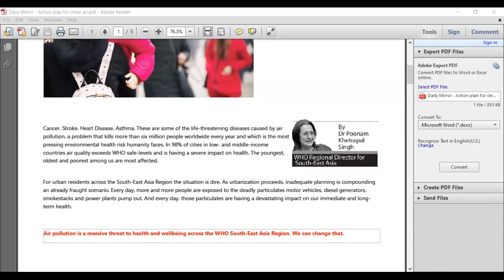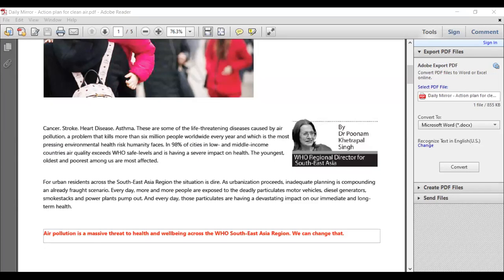These are some of the life-threatening diseases caused by air pollution, a problem that kills more than 6 million people worldwide every year, and which is the most pressing environmental health risk humanity faces. This is true.